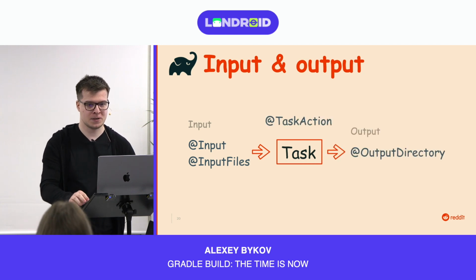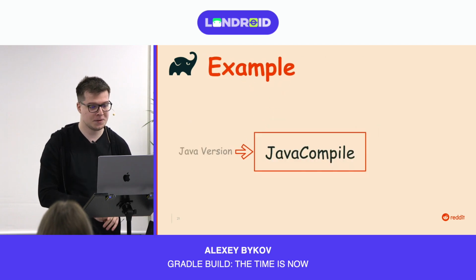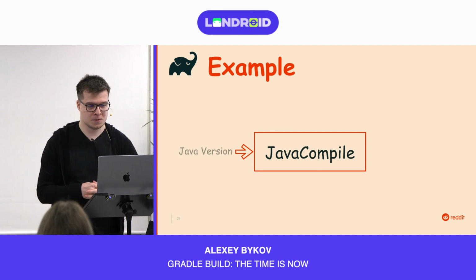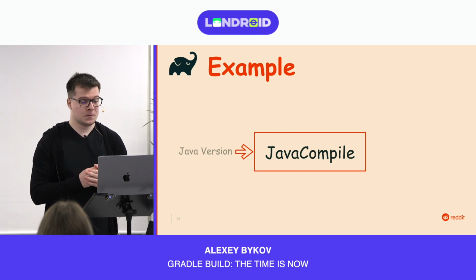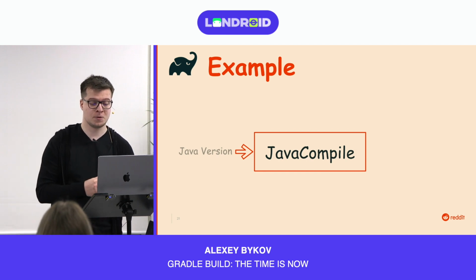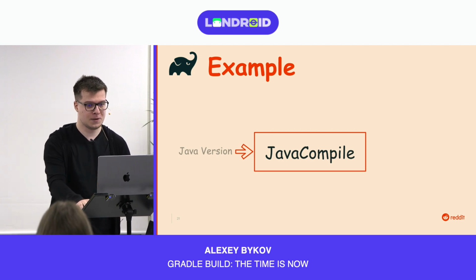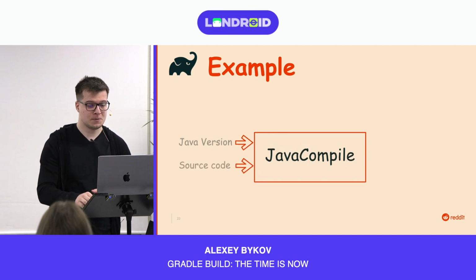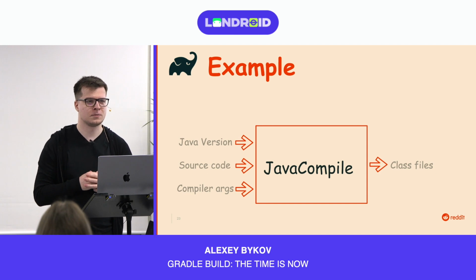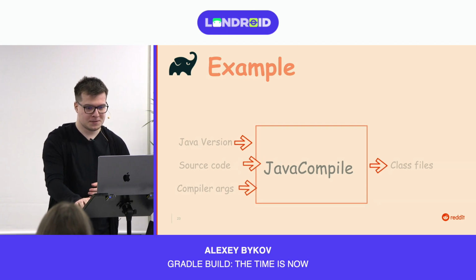Let's review a real task, like the most common one, which is open source, by the way. You can look through the source code in Gradle. So it's Java compile. As an input, it has the Java version, which is installed on your local machine or on the CI. It has the source code, and it also has some arguments for the compiler. And as an output, you're going to have bytecode.